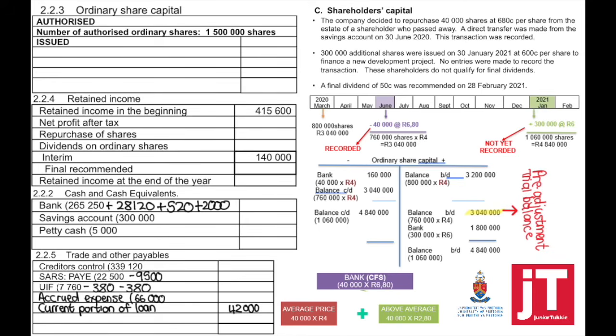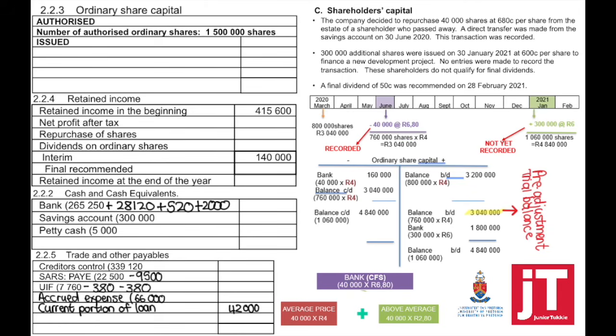The ordinary share capital note is always at the average price. So to calculate the average price, we are going to take the 760,000 that is given to us and the 3,040,000 which is given from the pre-adjustment trial balance. We're going to divide that to get the average price.